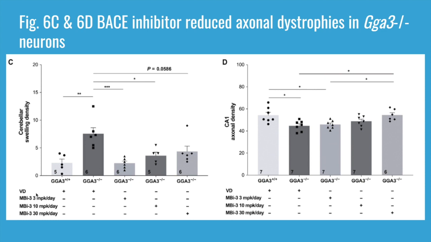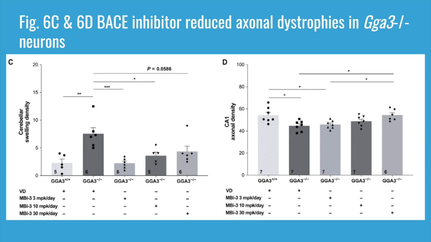And they also gave them differing levels of the BACE inhibitor. They either give them 3, 10, or 30 milligrams per kilogram per day, just to test the range of BACE inhibition. And then as their pharmacodynamic biomarker, they were measuring the A beta 40.